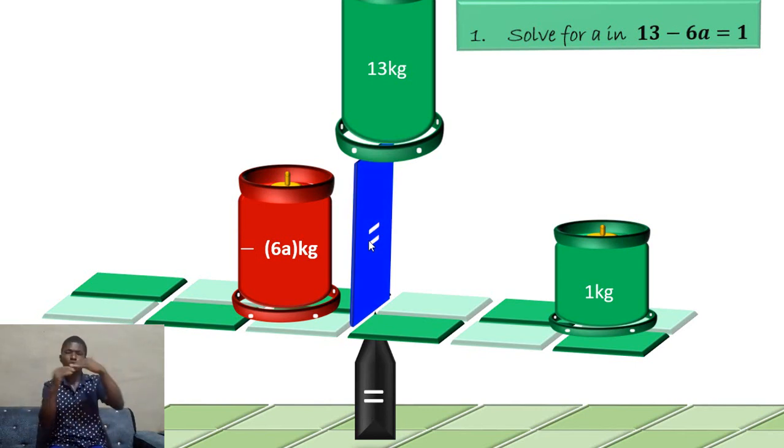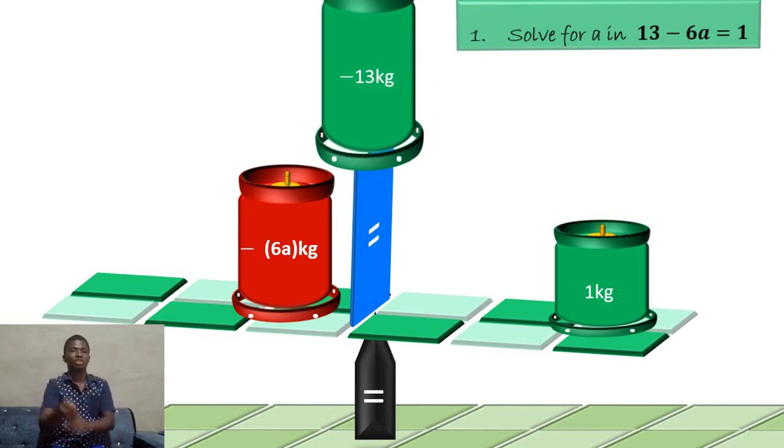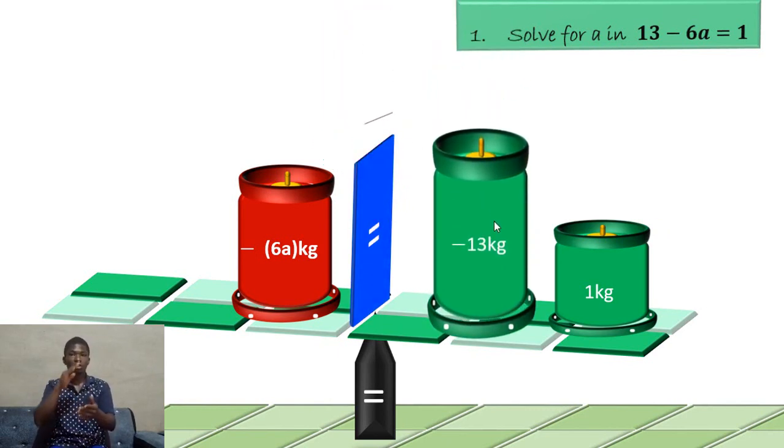So the moment it crosses, what happens? This 13 kg changes, and it changes to what? Minus 13 kg, just like you can see. So having changed, it can now come and cross this side successfully. I believe that is understood.